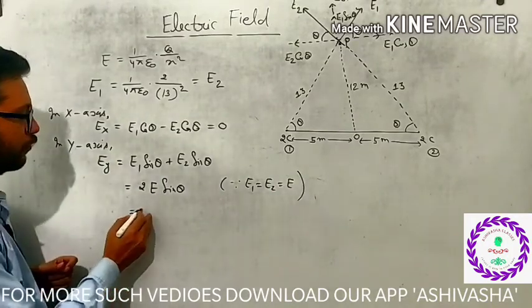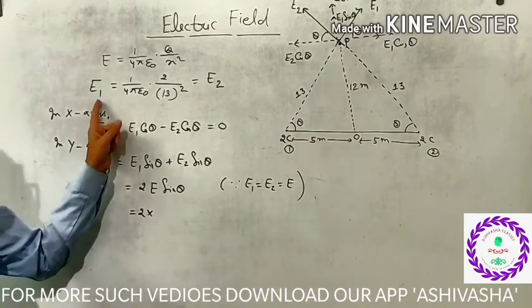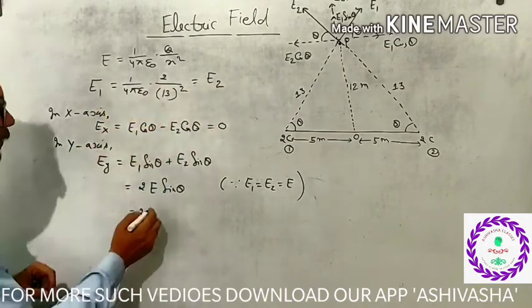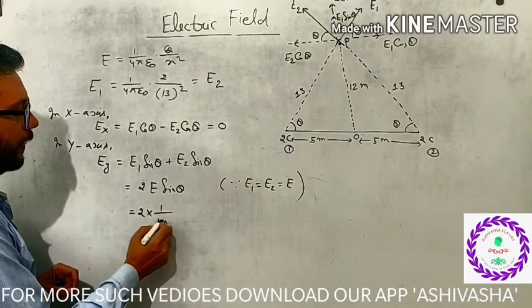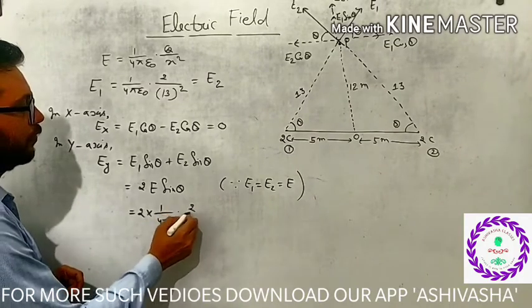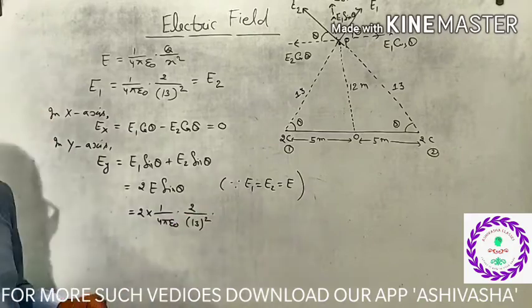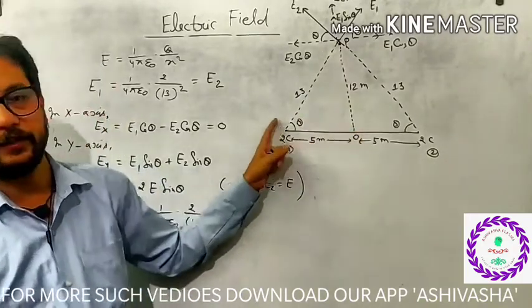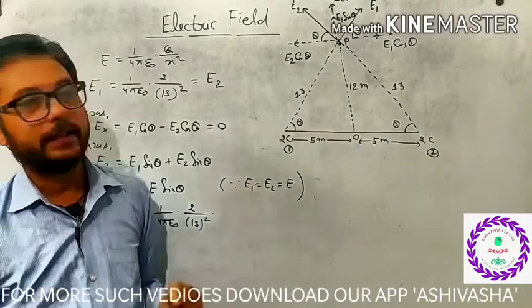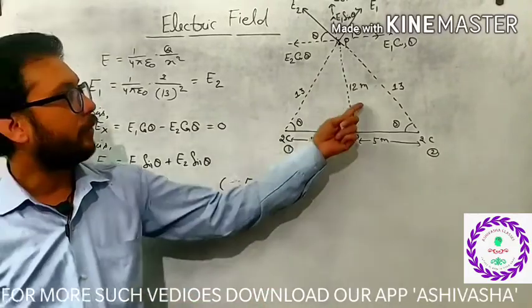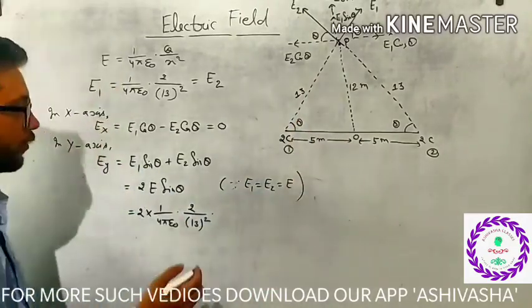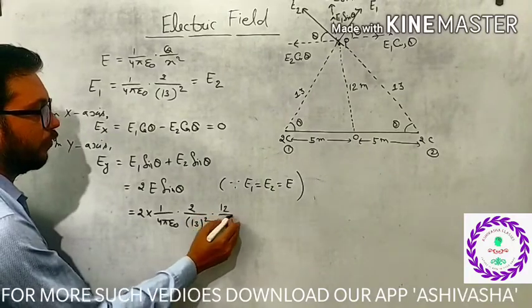So we have 2E sin theta. Now place the value: 2, the value of E, that is E1 or E2, 1 upon 4 pi epsilon naught, 2 upon 13 square, sin theta. From the figure we can find sin theta. Sin theta is perpendicular upon hypotenuse, so it will be 12 upon 13.